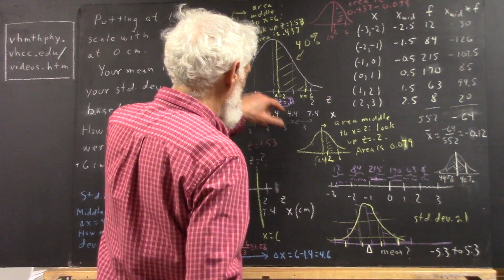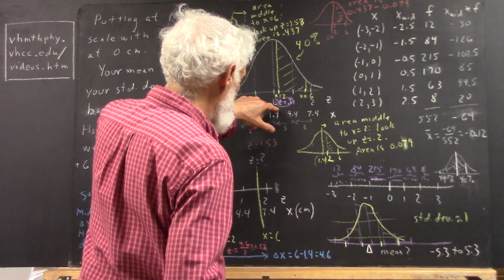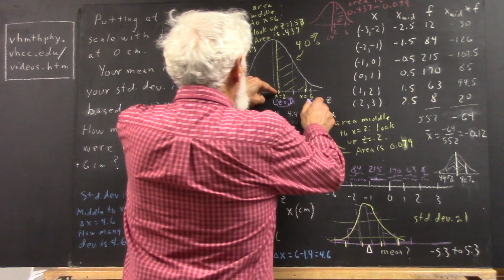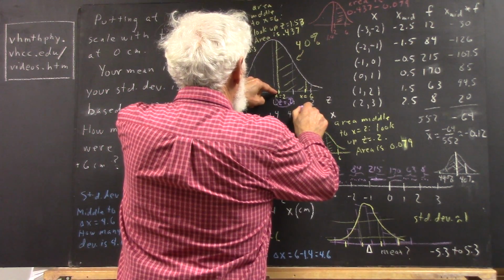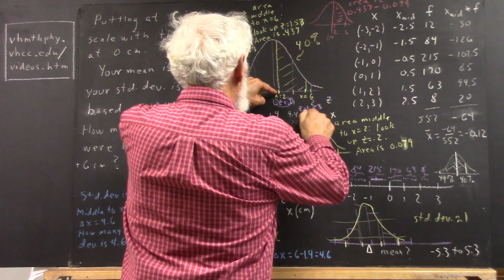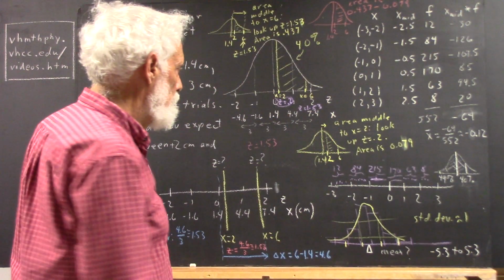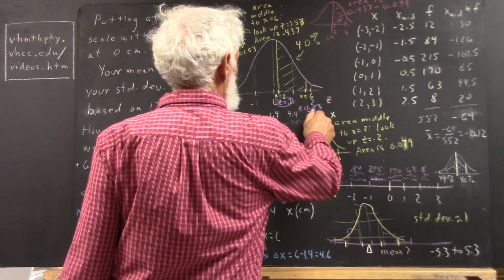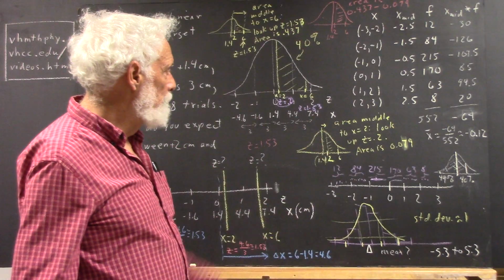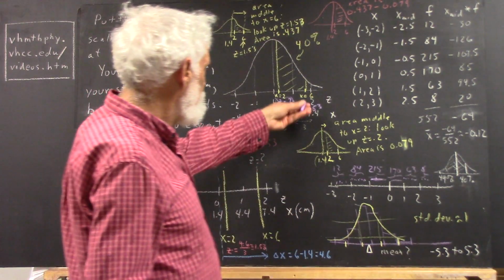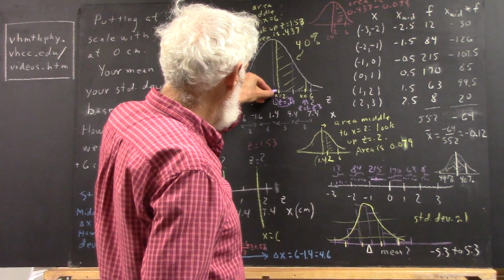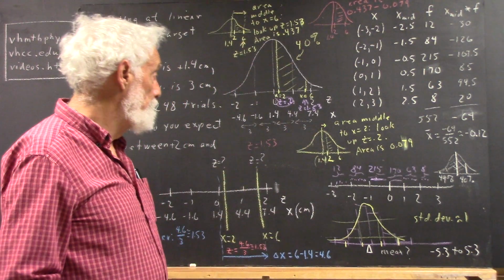That might be a little hard to read, especially since I kind of screwed up that circle. That says z equals 0.2. It corresponds to x equals 2. And x equals 6 corresponds to z equals 1.53. Again, a little hard to write clearly with the chalk in the space I left myself there. So that would be here and this would be here. I'm not going to try to draw an arrow.